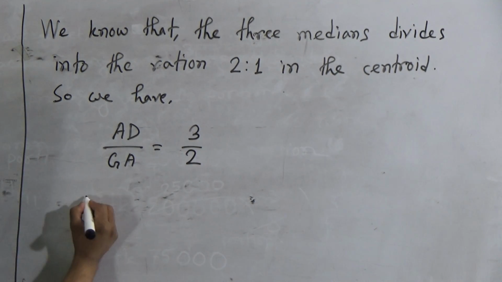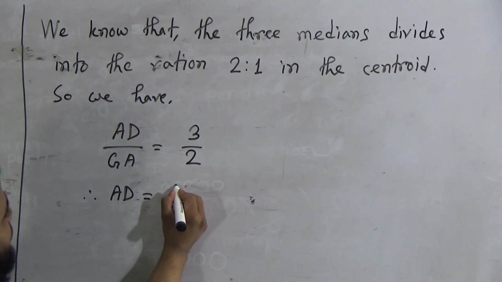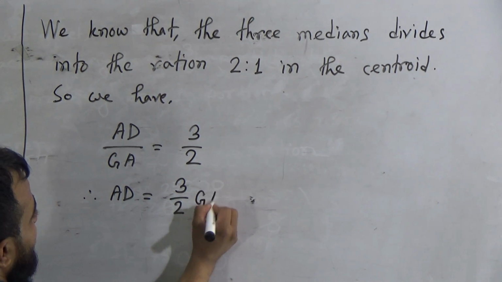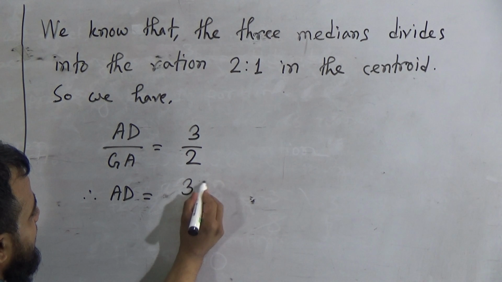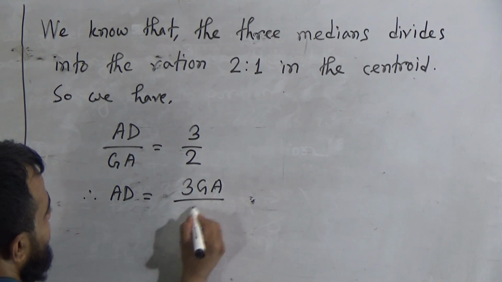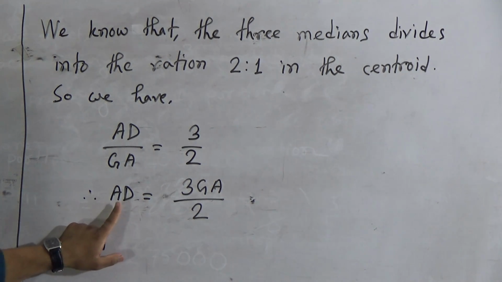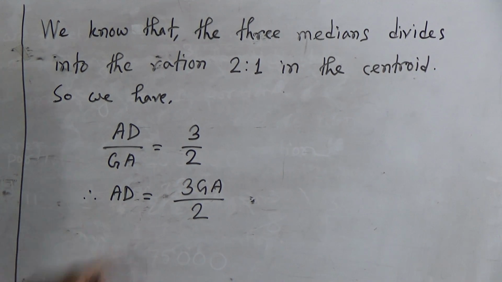Therefore we can write AD equals 3/2 into GA, or directly, AD equals 3GA by 2. This is the value of AD. Similarly, we can find the values of the medians BE and CF.